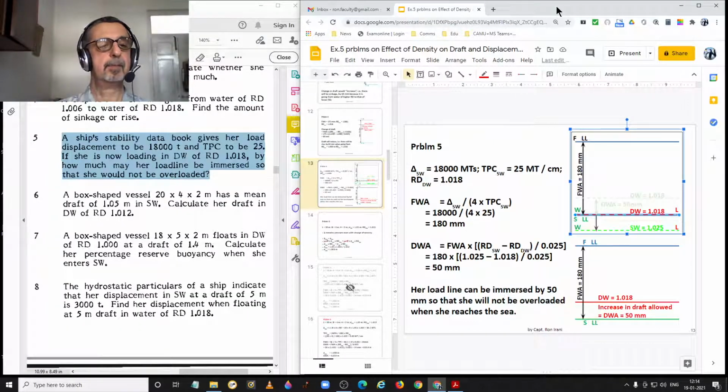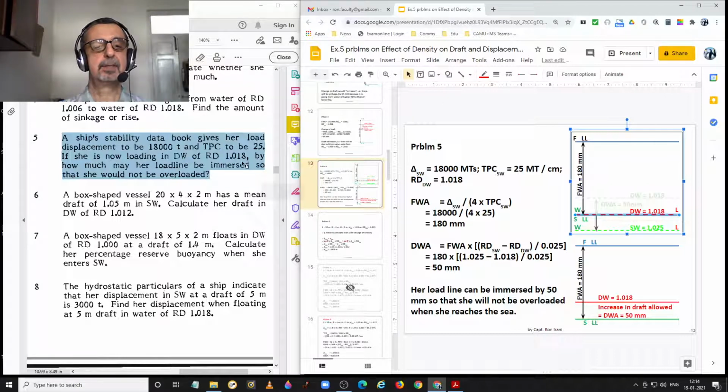Problem number 5. A ship's stability data book gives her load displacement to be 18,000 metric tons and TPC to be 25. If she is now floating in dock water of 1.018, by how much may her load line be immersed so that she will not be overloaded?